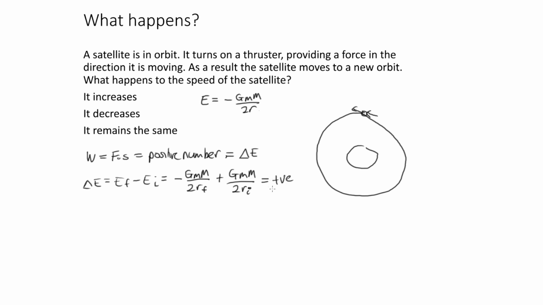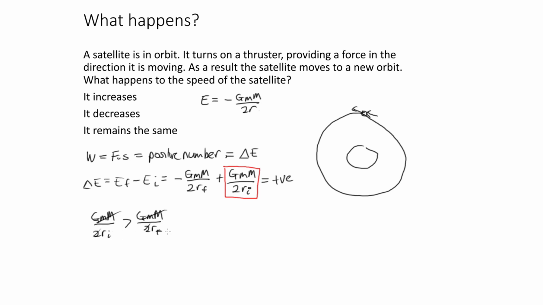So if this is positive, then it means that this term here must be larger than this other term here. So we can write GMm over 2RI is greater than GMm over 2RF. Now almost everything here cancels out. That occurs on both sides.